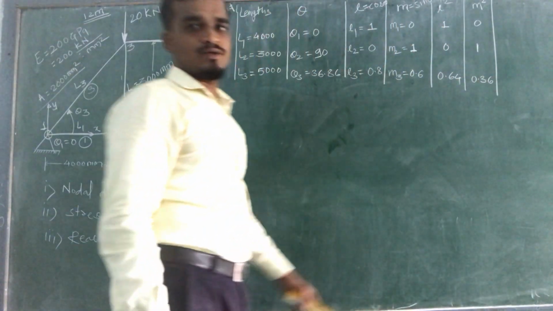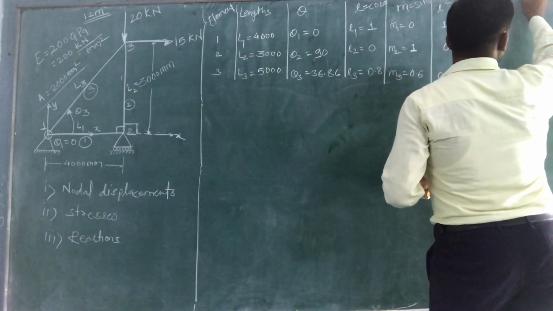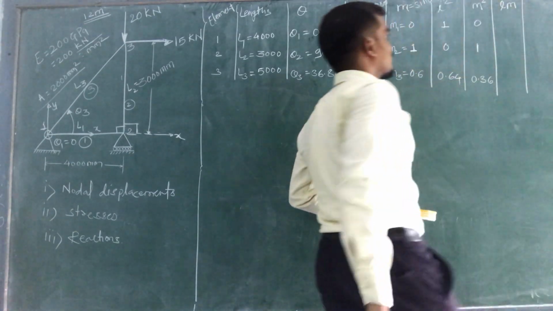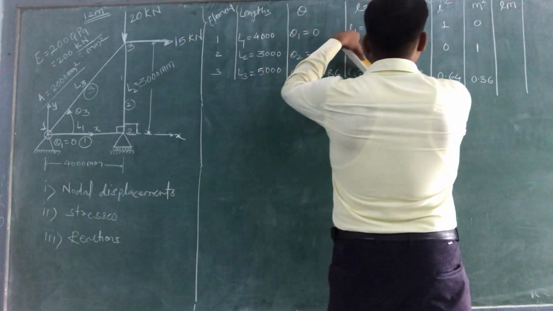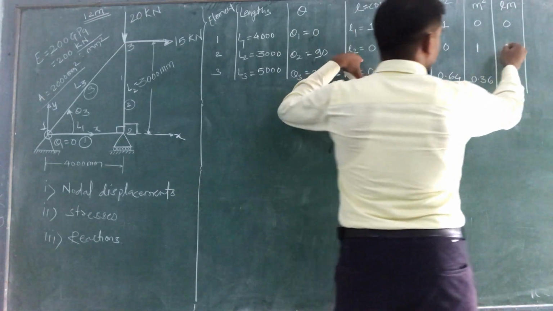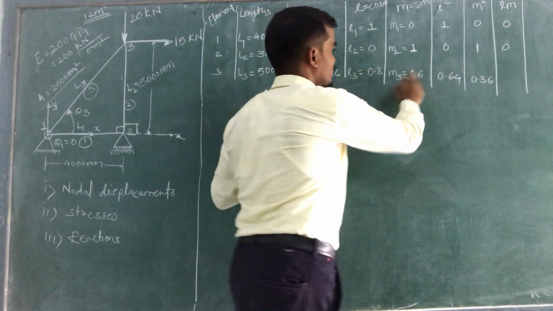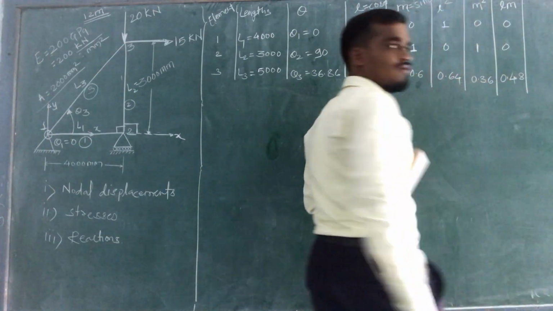Okay. So in this way you will get l square, m square, and finally we need to find out lm also. lm for the first element will become l into m, 1 into 0, 0. For the second, 0 into 1, 0. And for the third, 0.8 into 0.6, 8 6 are 48, which means 0.48.